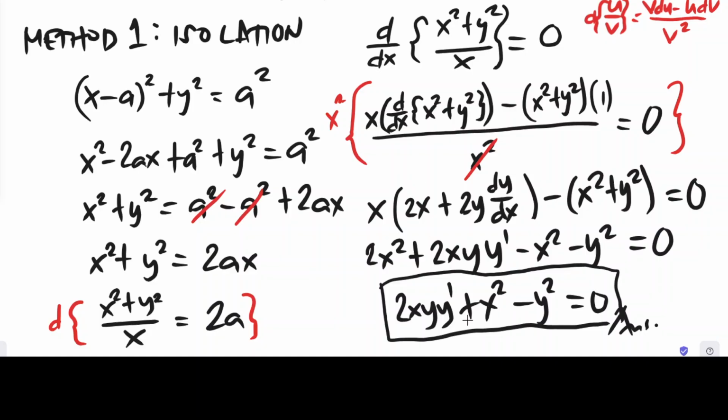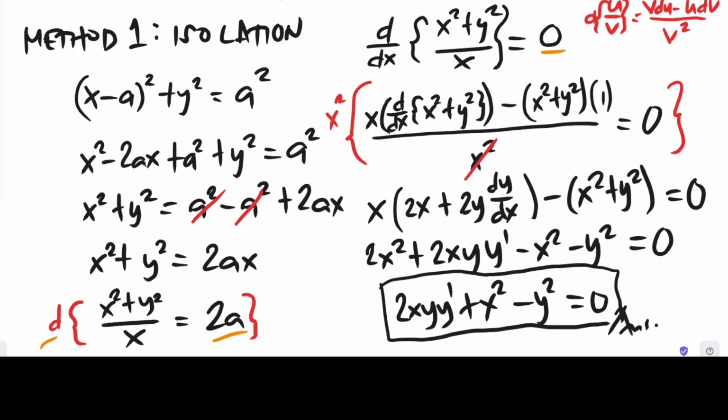Again, isolation method: isolate the arbitrary constant to one side of the equation so that when you perform the derivative, the constant will now be eliminated because the derivative of a constant is equal to 0. Then perform the derivative of the other side. All right, so that's it for the first method, or the isolation method.